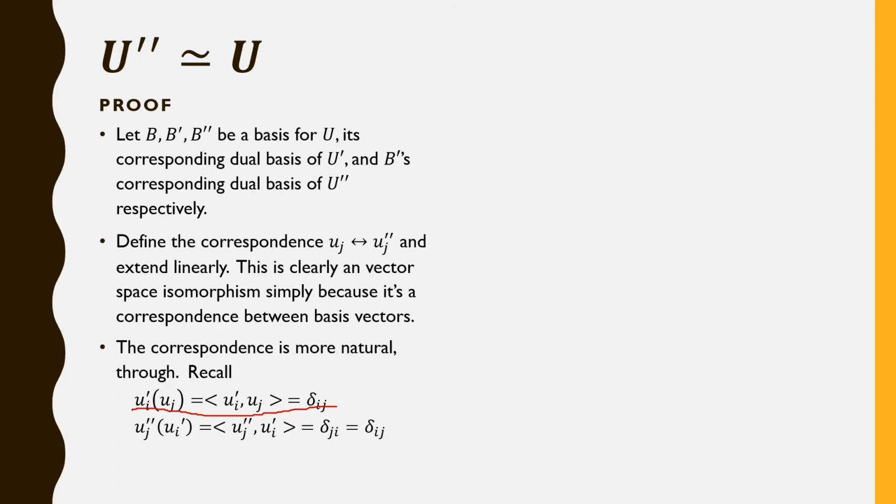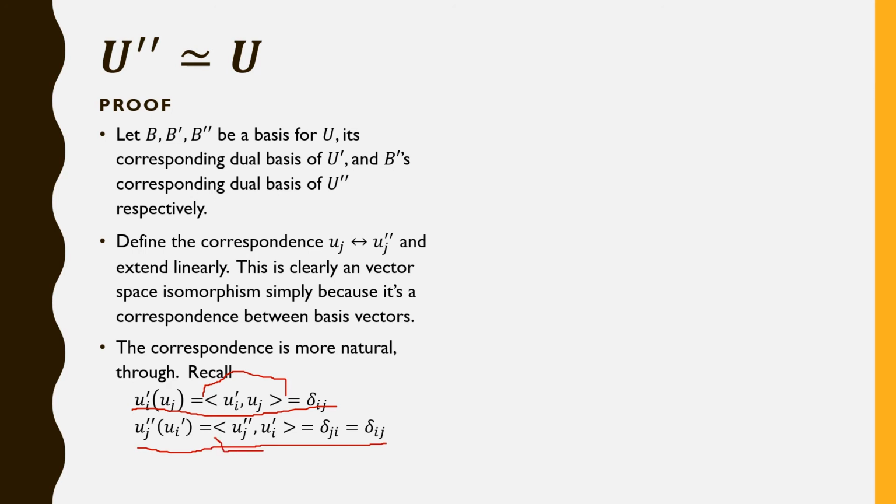But we had this really cool bracket notation for it, which is kind of helpful here. Well, the uj double prime vectors in B double prime behave on ui prime kind of the same way. You get the same relationship, it's just that now the double primes are the dual basis.